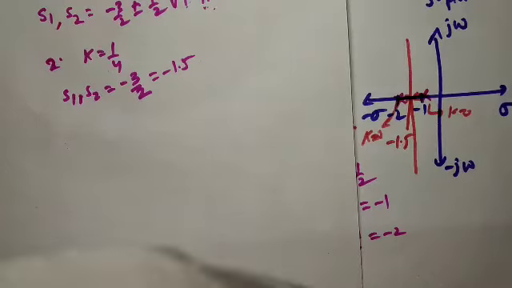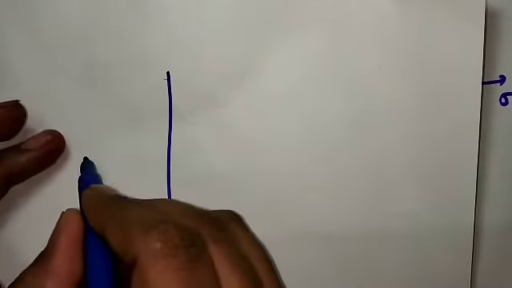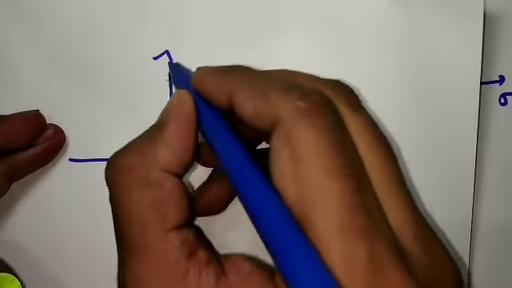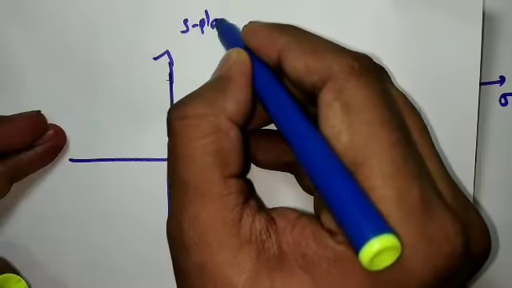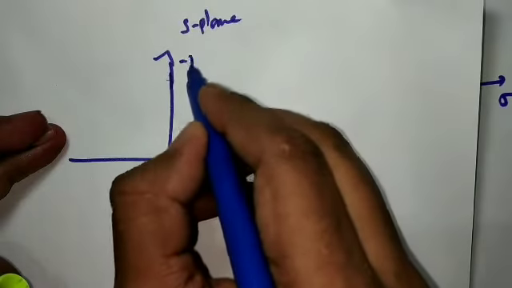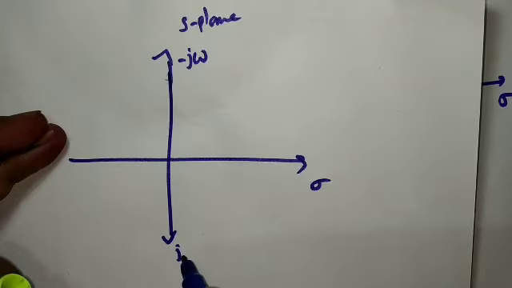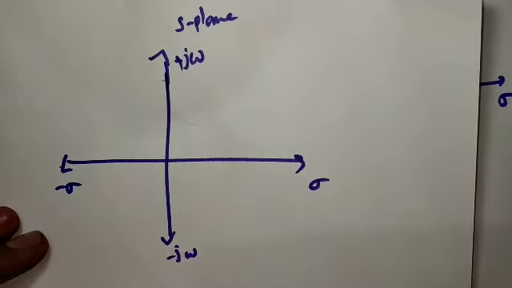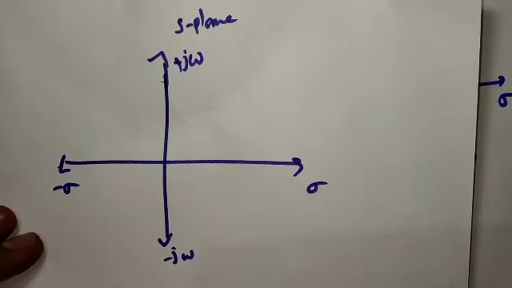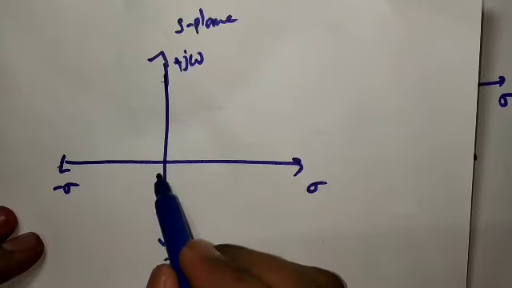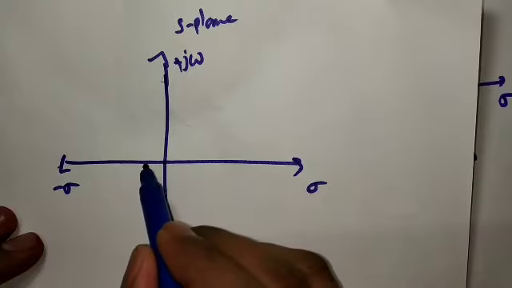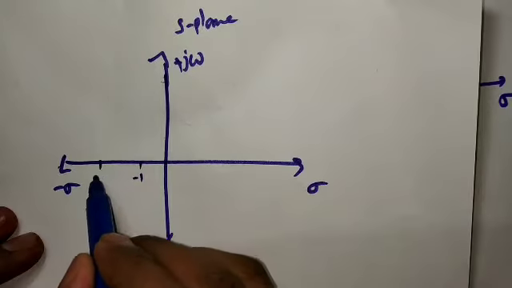This is the S plane, this is sigma, this is plus j omega, minus j omega, this is minus sigma. Here is 0, here is minus 1, and here I am going to put minus 2.